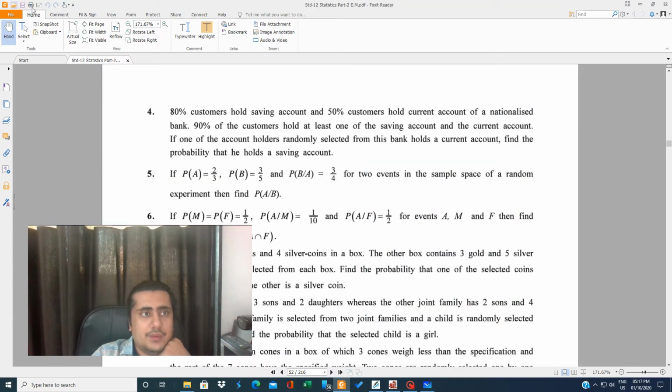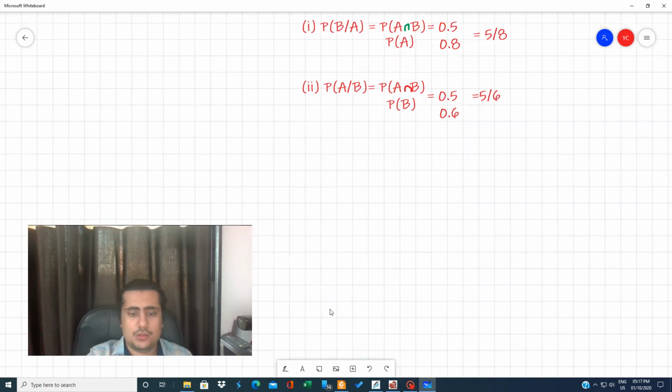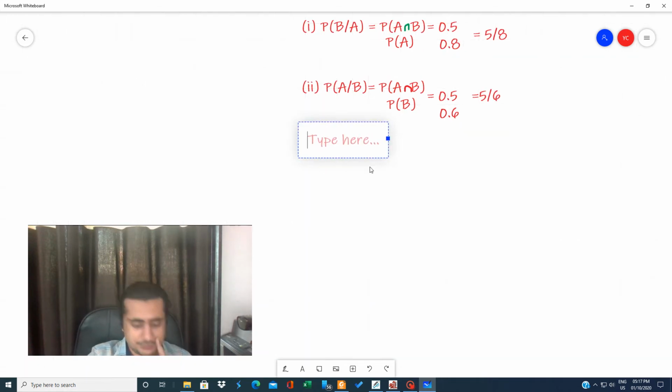Let us write the question first. Exercise 1.4, sum number 4.